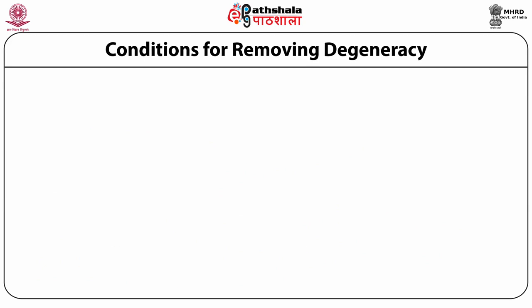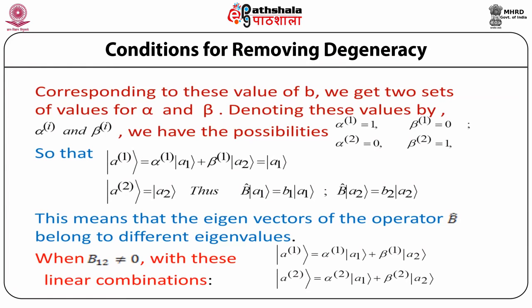Conditions for removing degeneracy. Now, corresponding to these values of B, that is, B1 is equal to B11 and B2 is equal to B22, we get two sets of values for alpha and beta.